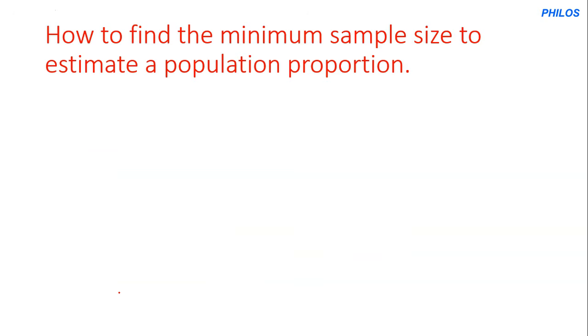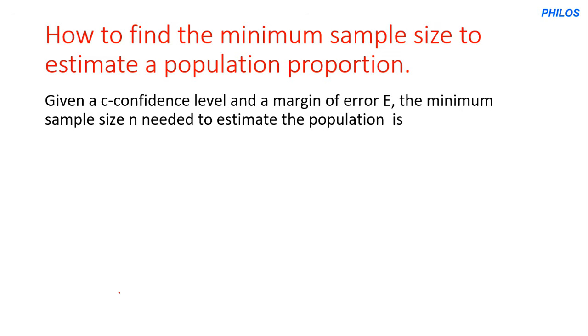So we want to look at how to find the minimum sample size to estimate a population proportion. Now, when given a c level of confidence and a margin of error, the minimum sample size, that's a small letter n, needed to estimate the population proportion is n equals p-hat times q-hat multiplying z over E all squared.